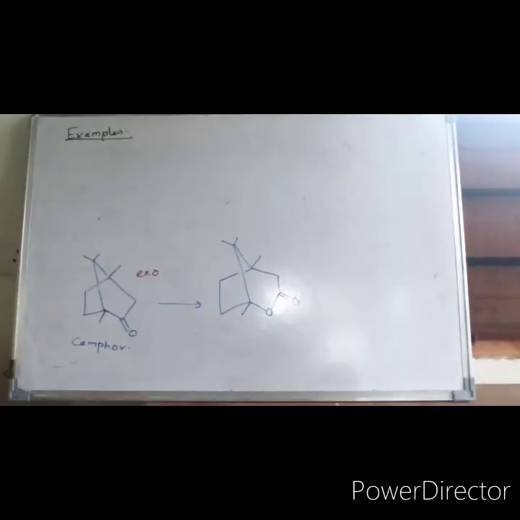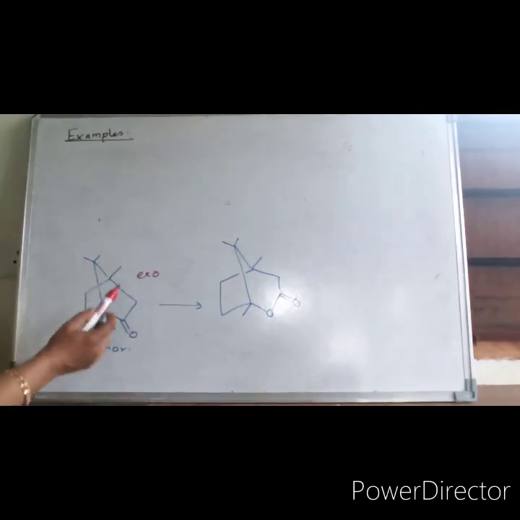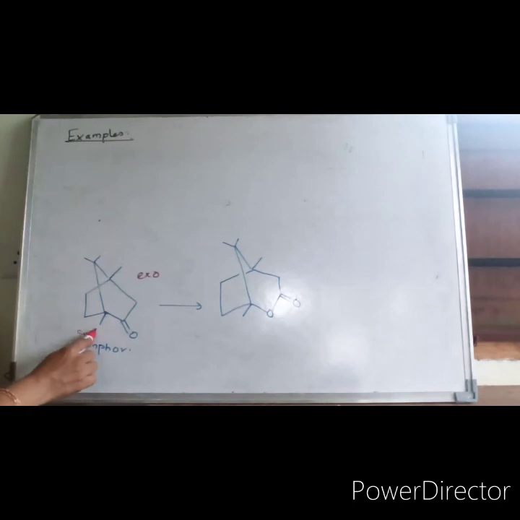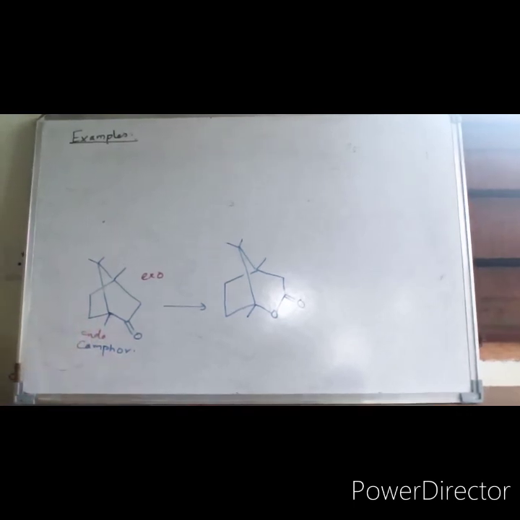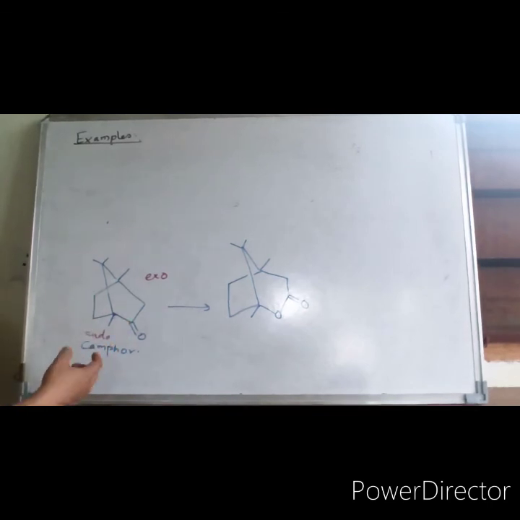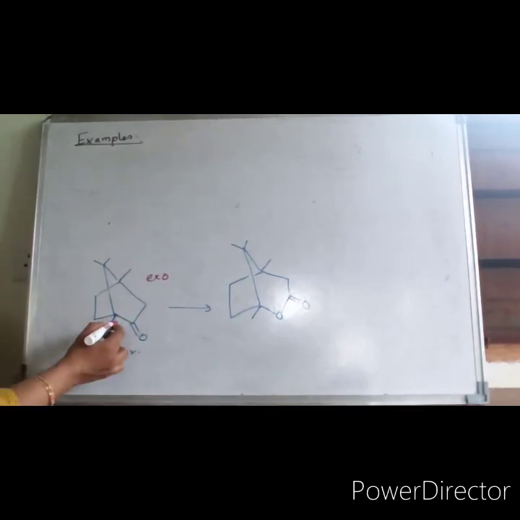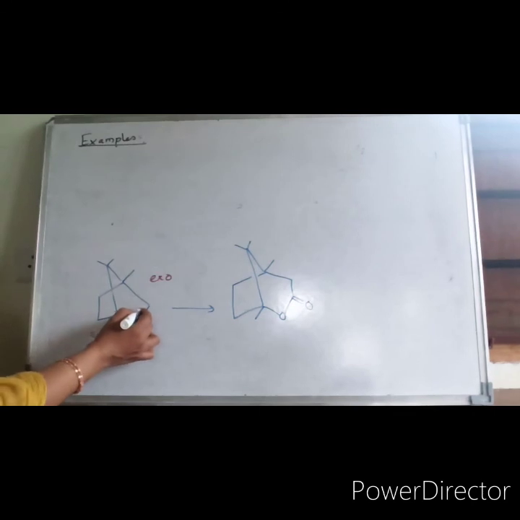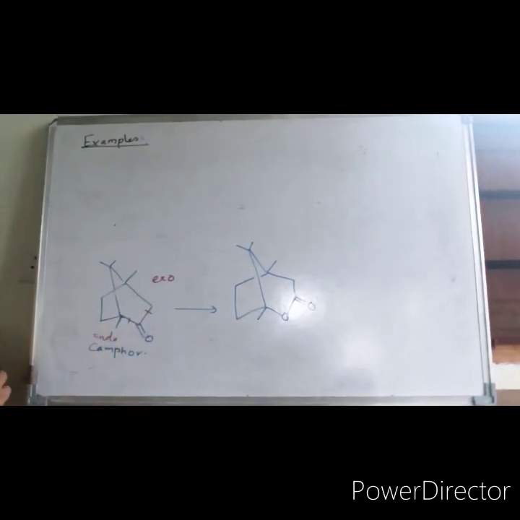Let's take an example of camphor. So you can see that the exo face is crowded, and this endo face is also crowded because of the methyl group. So both sides are equally crowded. So in that case you will be getting a mixture of products where this group is also migrating and this is also migrating. So you will be ending up with a mixture of products.